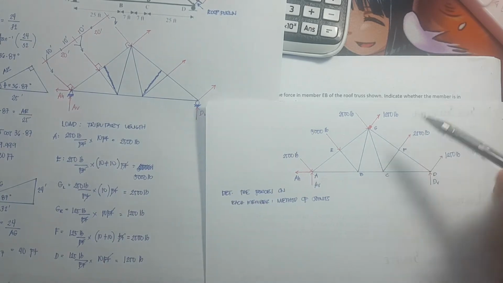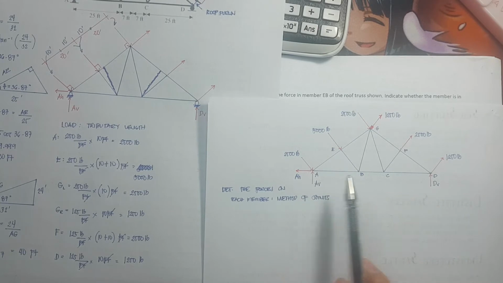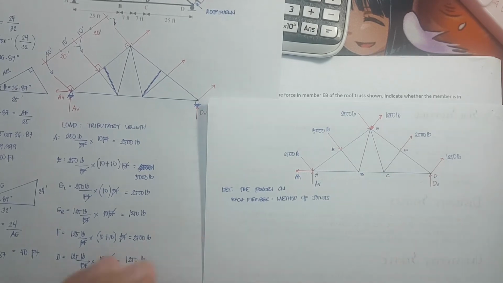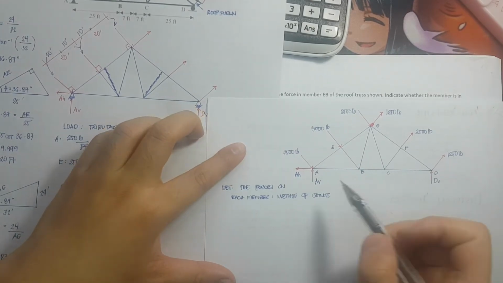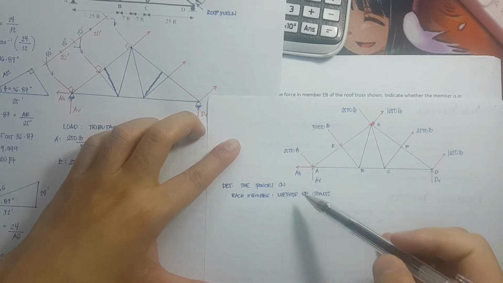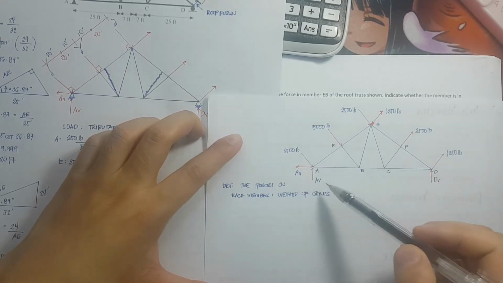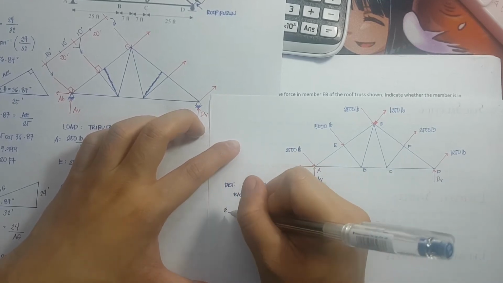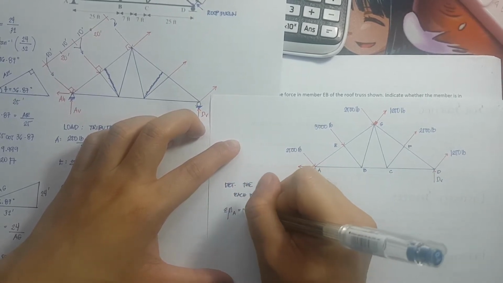It will be divided into these two supports. To determine the reaction, let's start at point A. Summation of moments of all forces rotating at point A, we can solve for the vertical. So summation of moment with respect to A is equivalent to 0.